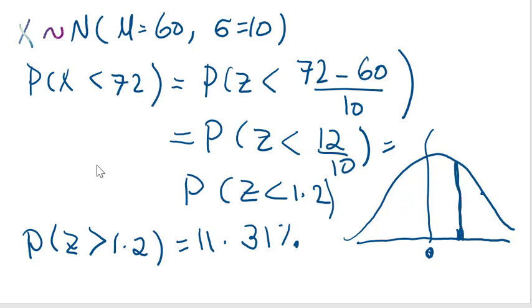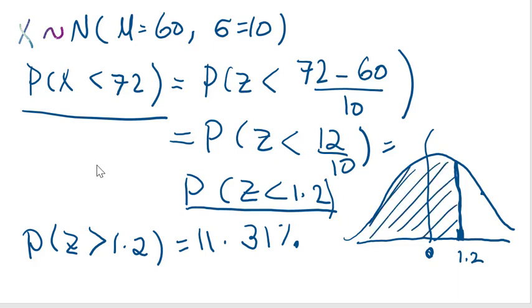If this is 1.2, we want this probability of X less than 72, which is equal to probability of Z less than 1.2.